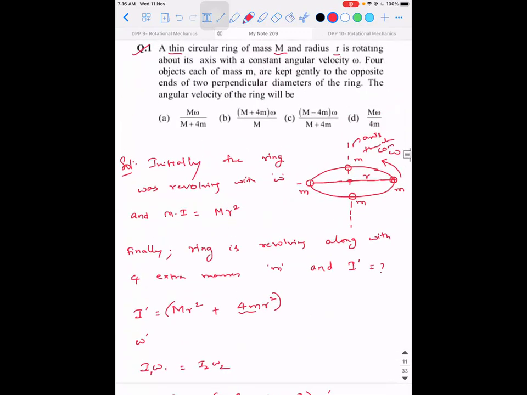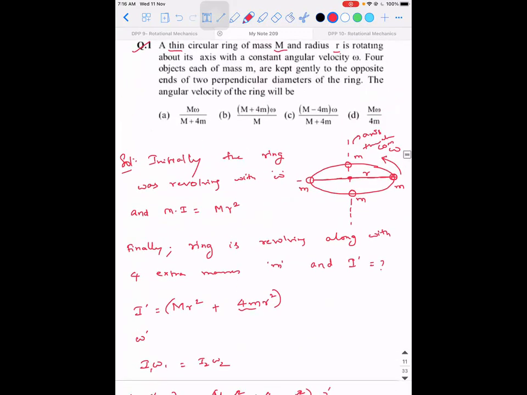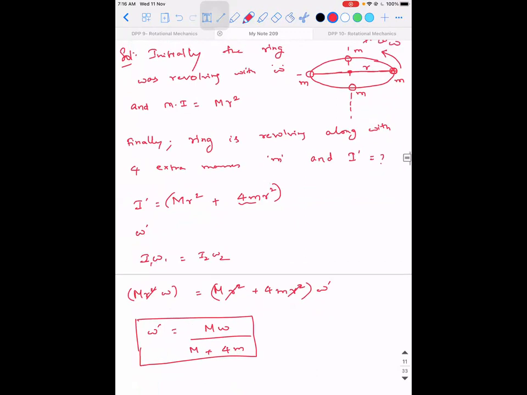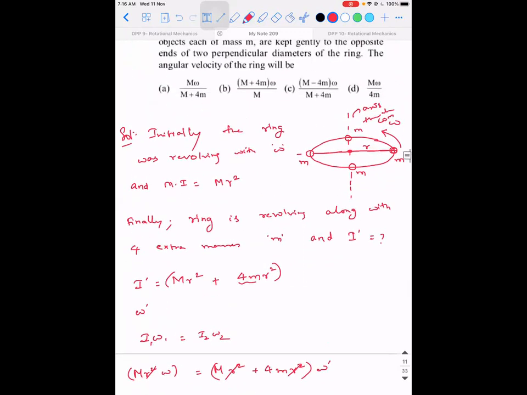Is that what they are asking? The angular velocity of the ring will be M omega by capital M plus 4m. I think, yeah, it's the first option.